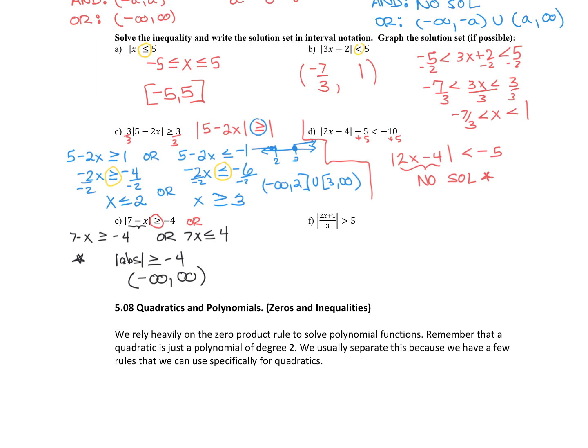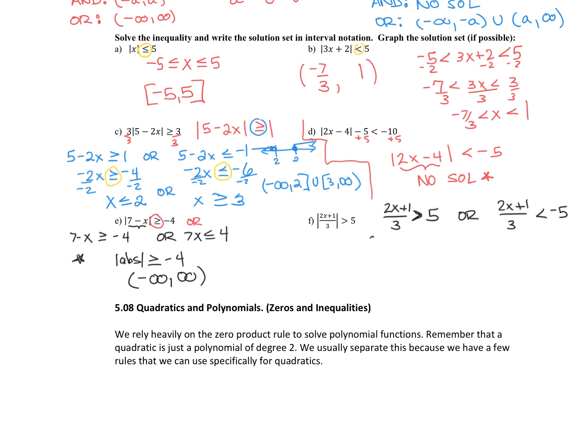Our last example here is a rational function. We don't treat it any differently. We're going to break this one out of jail. The absolute value of 2x plus 1 over 3 is greater than 5. It's greater than, so it's an OR statement. 2x plus 1 over 3 is greater than 5, or 2x plus 1 over 3 is less than negative 5.